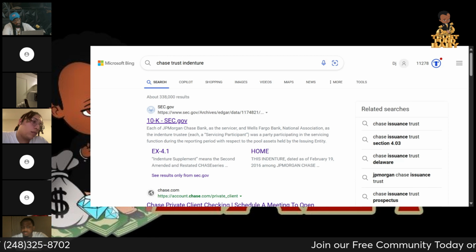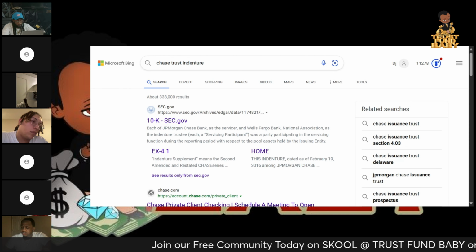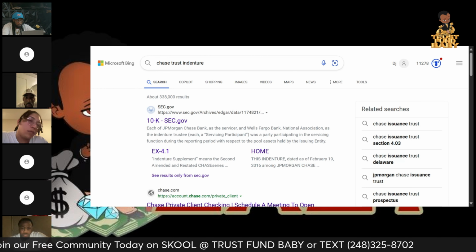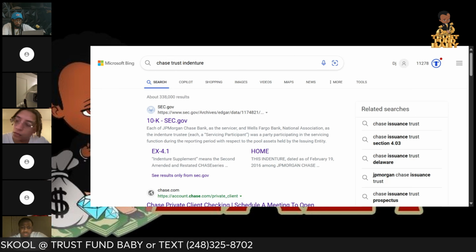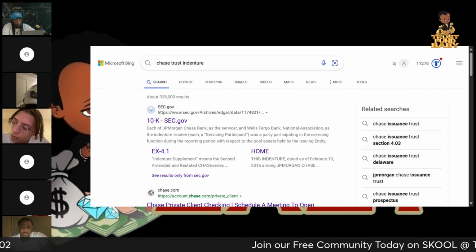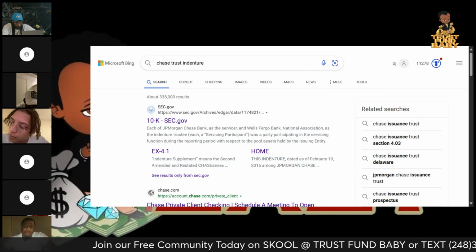It's a 10-K and an 8-K. Right here, United States Securities and Exchange Commission Form 10-K. This is an annual report pursuant to Section 13 or 15(d) of the Securities Exchange Act of 1934. This is why you must read the Securities Exchange Act of 1934, so you can understand what's happening right here, right?